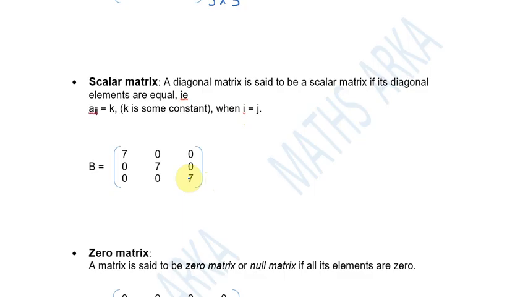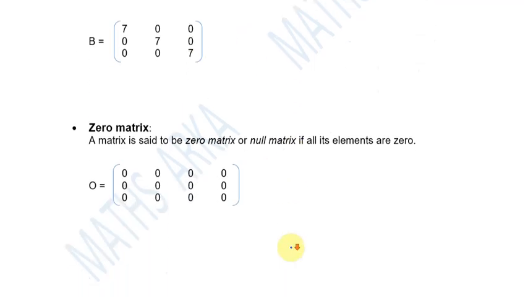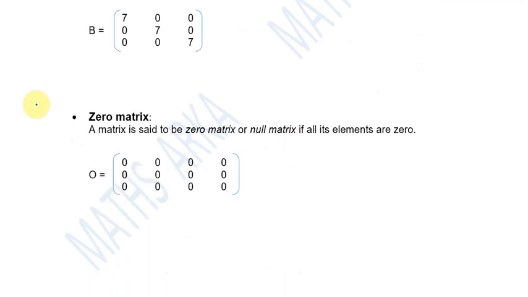Moving on to our next type of matrix, that is the zero matrix. What is a zero matrix? We even call it a null matrix in some literature. It is mostly denoted by O. In this case all the elements are equal to 0. It can be a square matrix or may not be a square matrix.